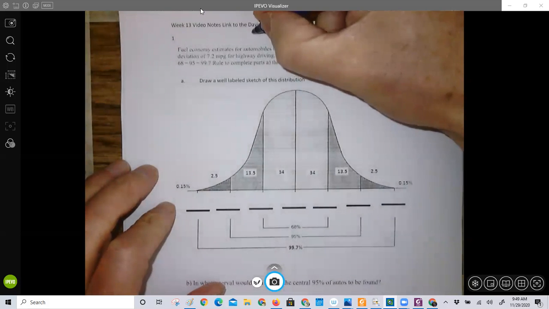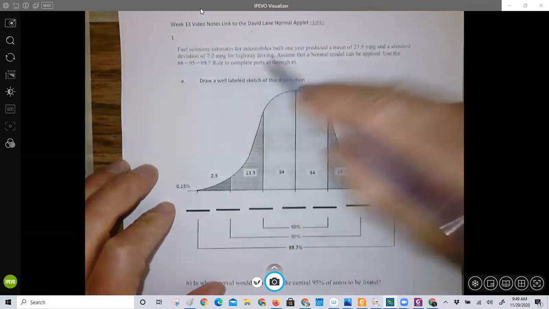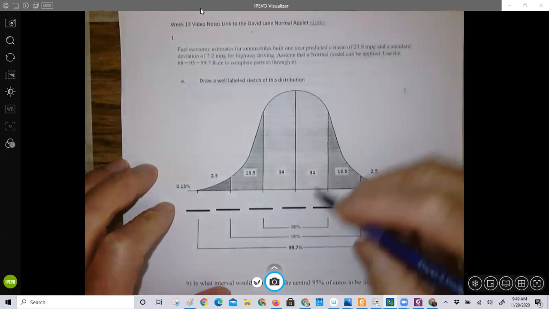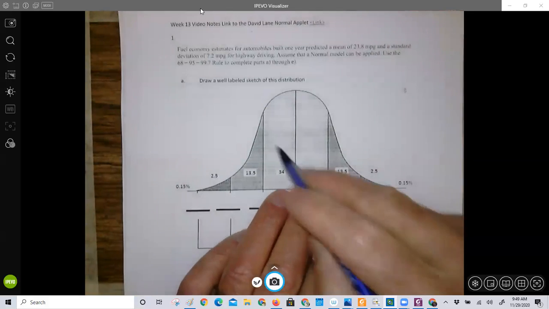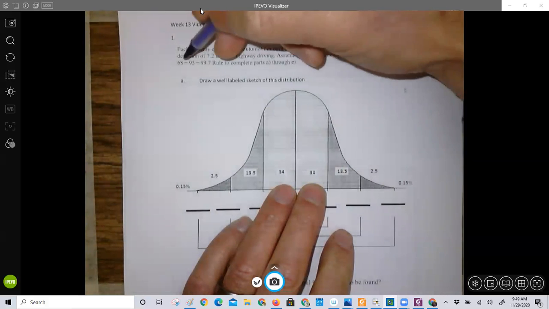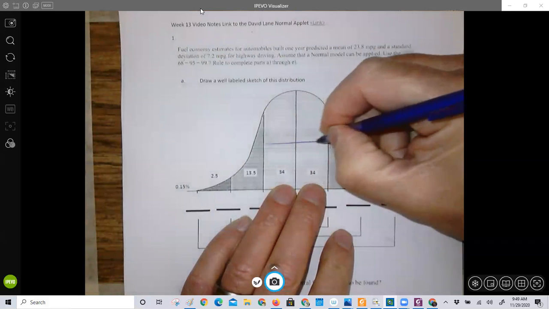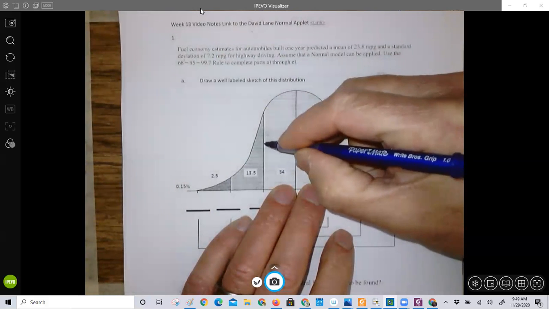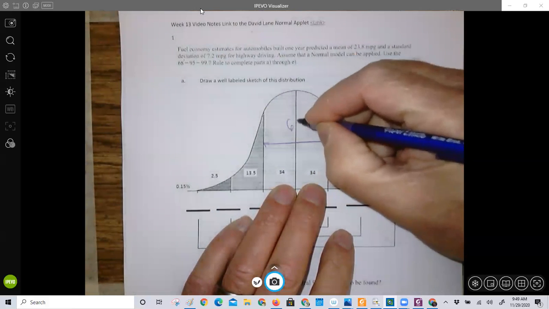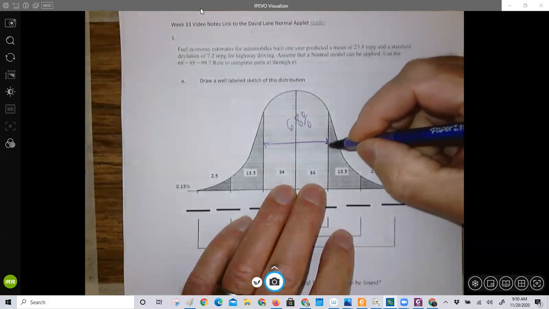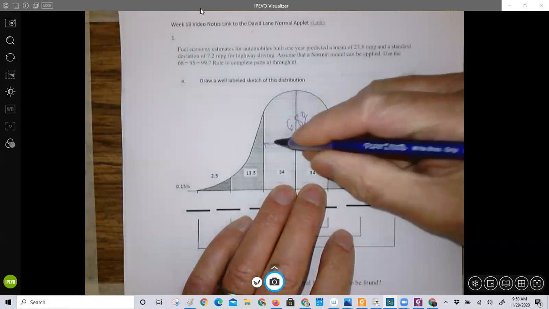The first one deals with the general 68, 95, 99.7 rule, a general rule of thumb that works for normal distributions, and it's pretty cool that that happens. So you see these percentages here. Let me connect this. The 68 comes from theory, and it's amazing how well this works out, that 68% of a distribution that's normal in shape will fall within 1 standard deviation of the mean.